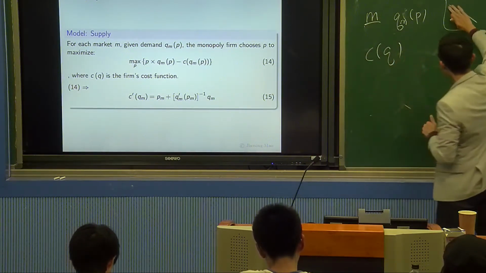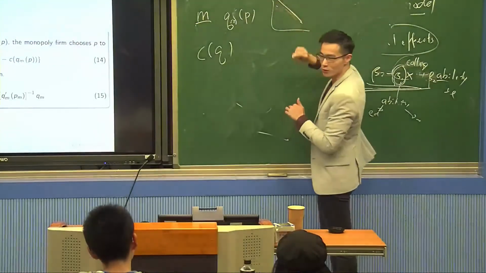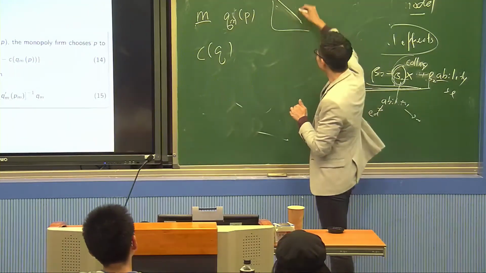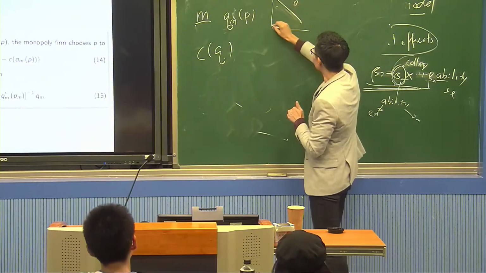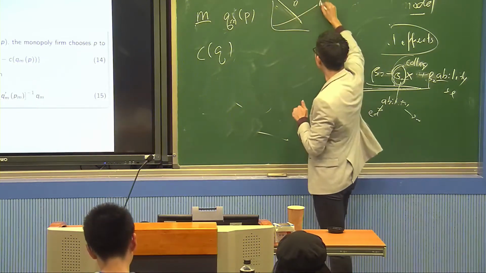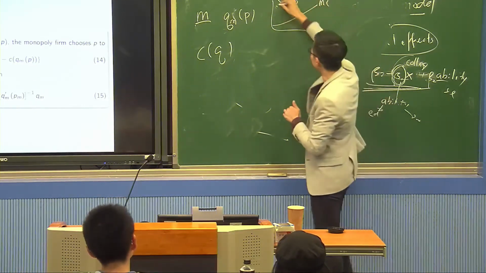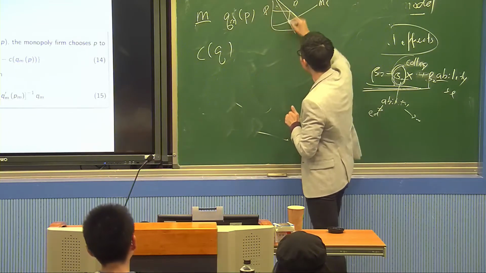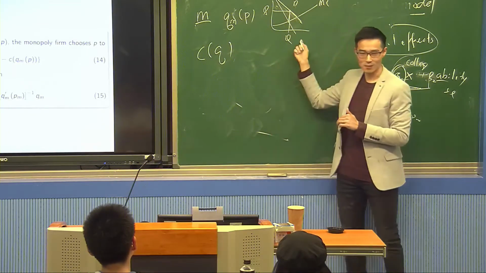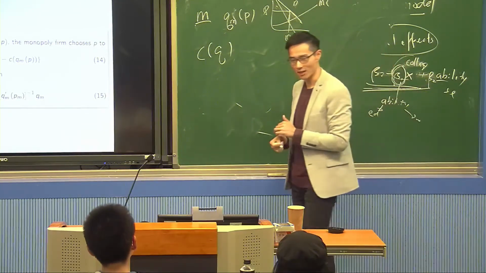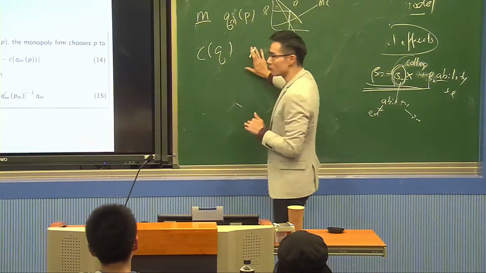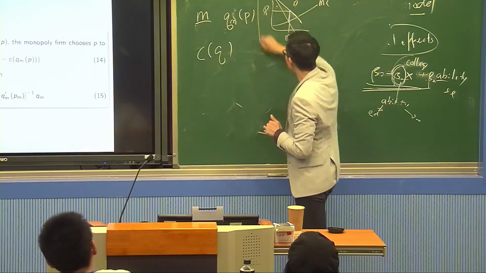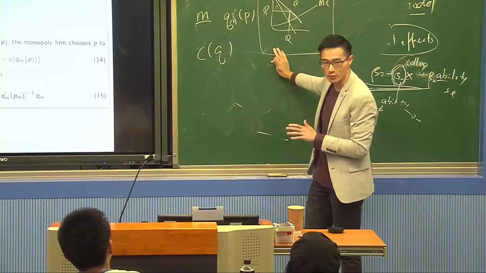If we use a graph, I'm sure you have all learned this in introduction to economics. So if this is the demand curve, this is the marginal cost function, then you can derive the marginal revenue, then this is going to be the optimal price, this is the quantity, okay? Right? You're all familiar with this IO model. So what I'm going to do now is treat this theory very, very seriously.